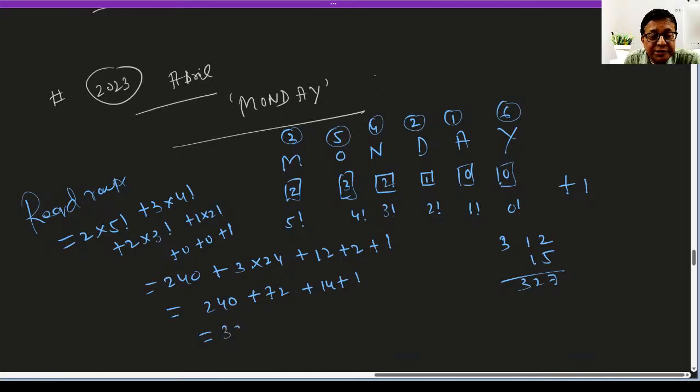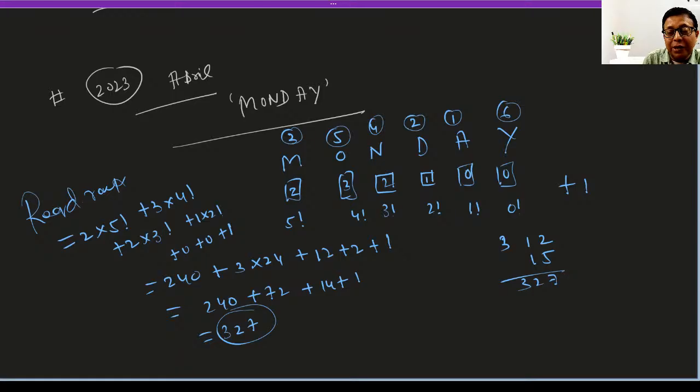So answer is 327. Clear? So this is faster than any other method, isn't it? Now let me move on; we'll be solving your problems definitely.